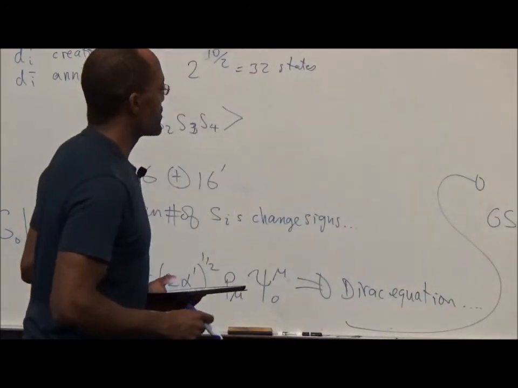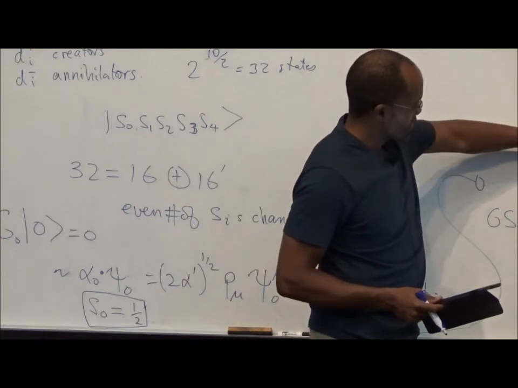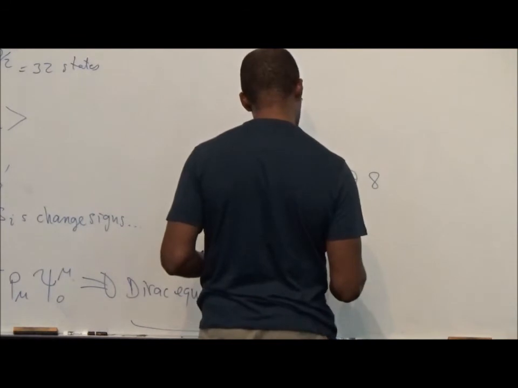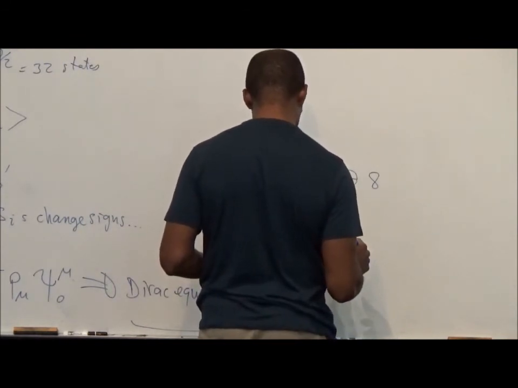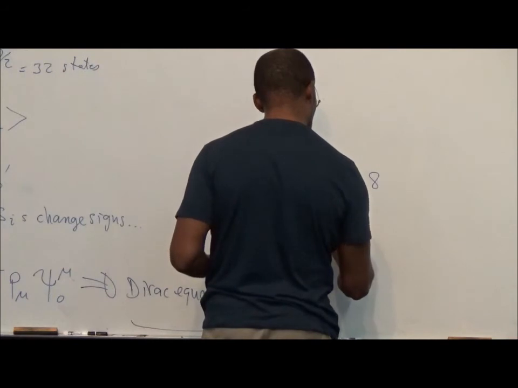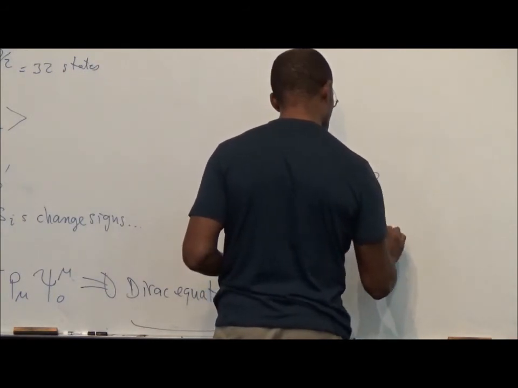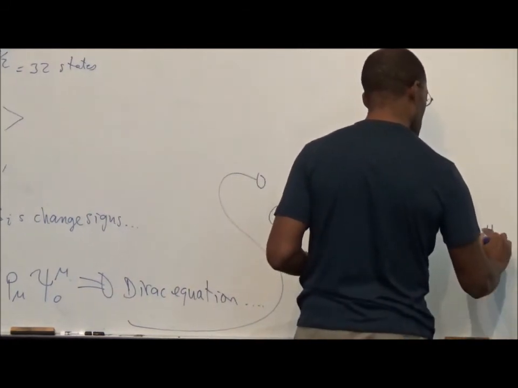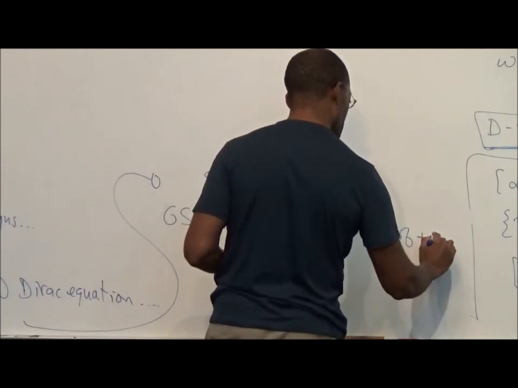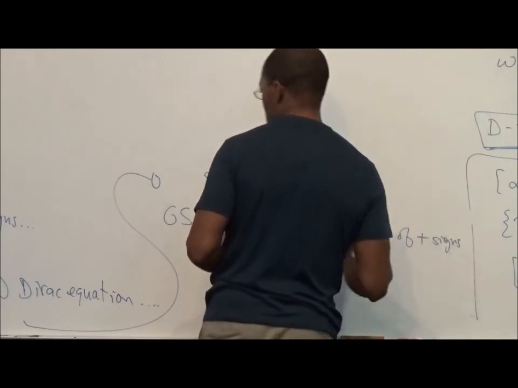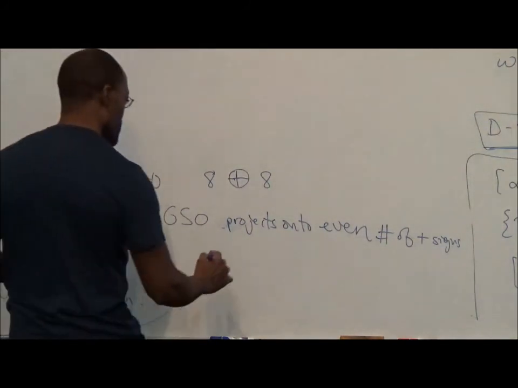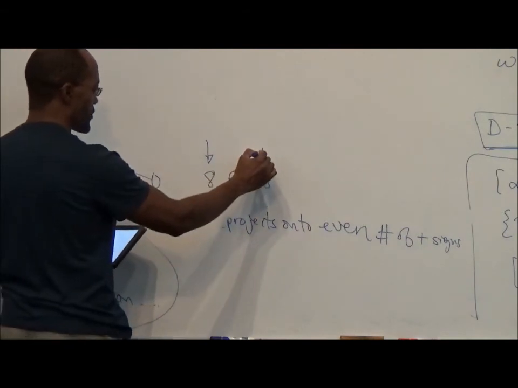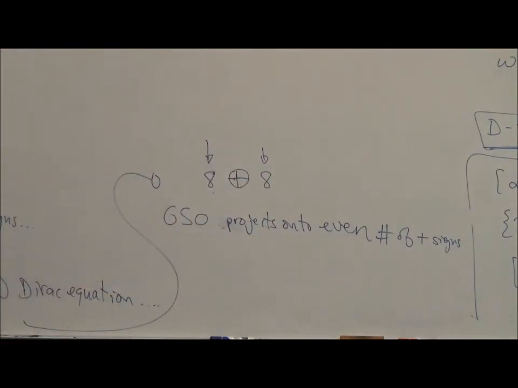The GSO projection then says I pick one of these. In the conventions I'm using, which is on the page that's missing from my notes, it projects onto an even number of pluses. Depending upon how I set things up, it's either this one or this one, and either choice is equivalent.